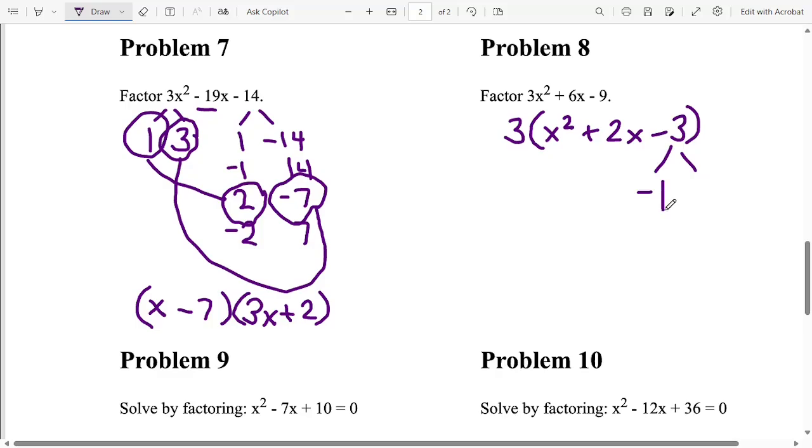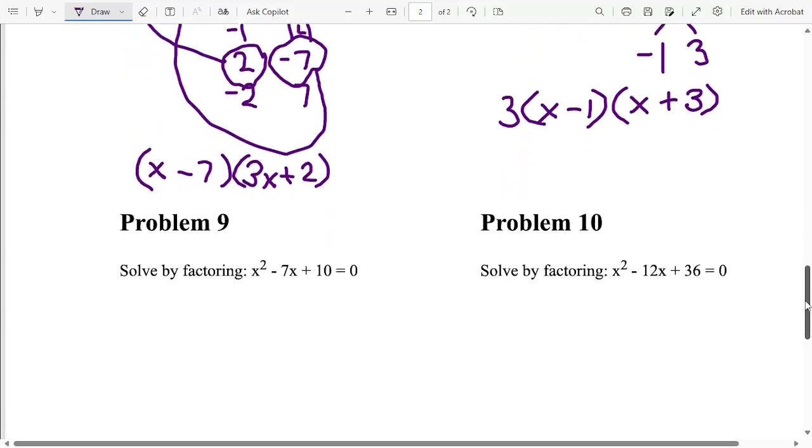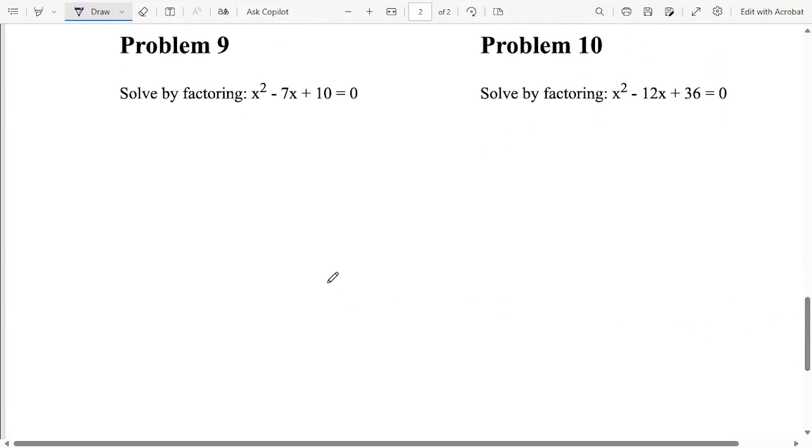So we had negative 1 and positive 3. And when I list those out, I realize, oh, those add to 2. So we'll use those. So we can factor this into 3 times x minus 1 times x plus 3. Sweet.